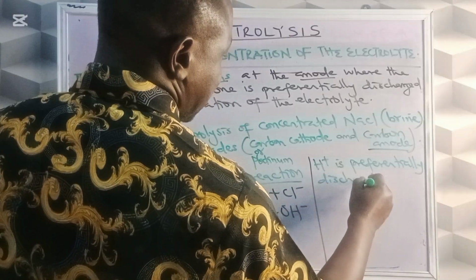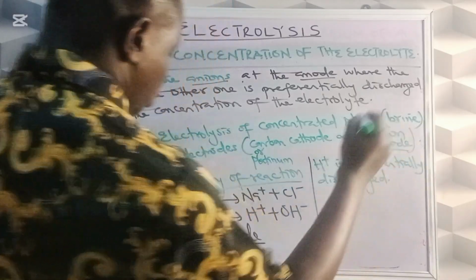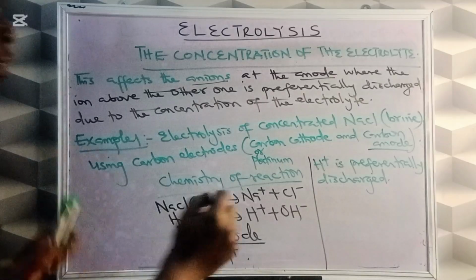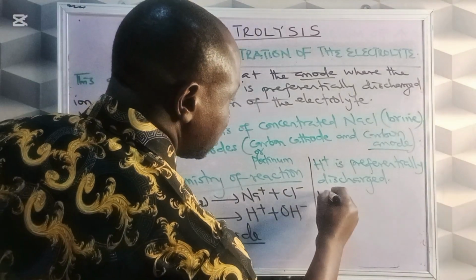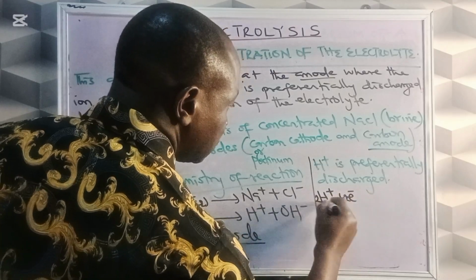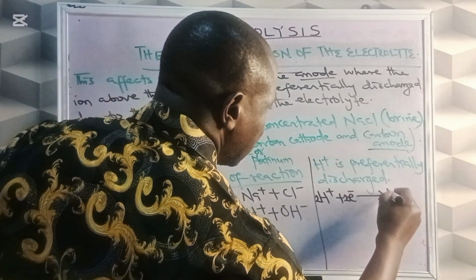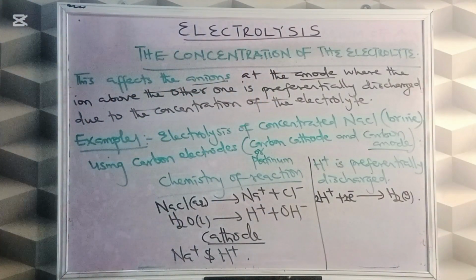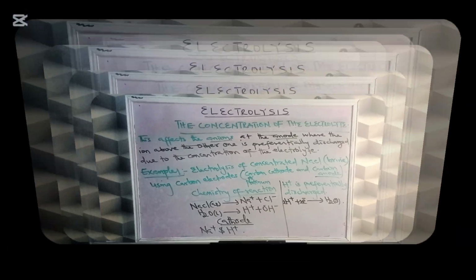Meaning discharged in preference to sodium, because it is below sodium in the electrochemical series. So we do it like this: hydrogen ion plus electron to give hydrogen gas. This gas is liberated at the cathode. That is cathodic reaction.